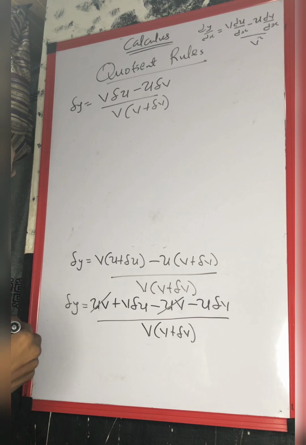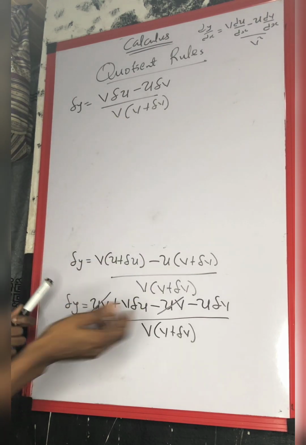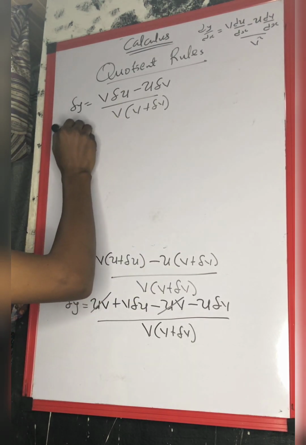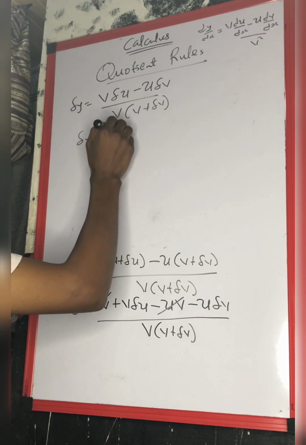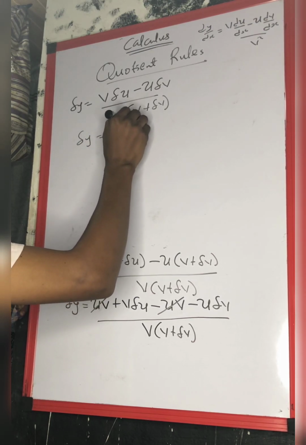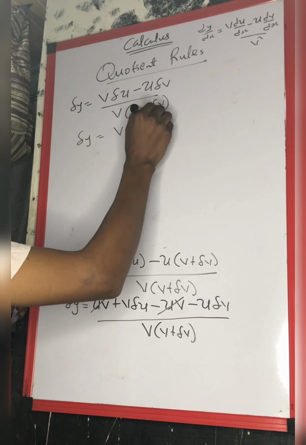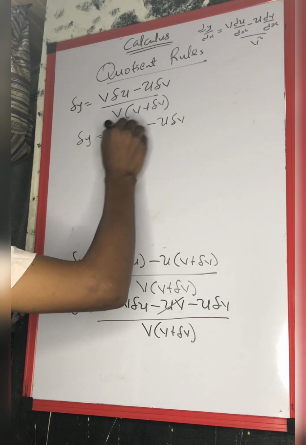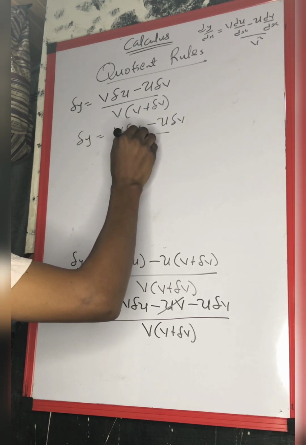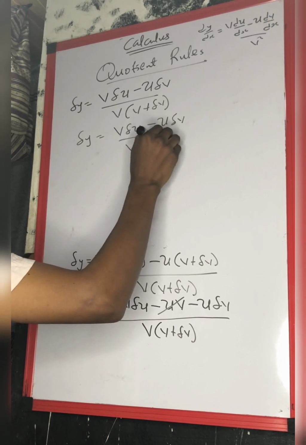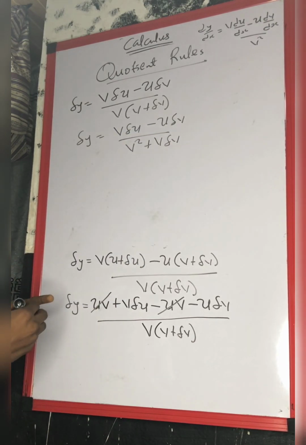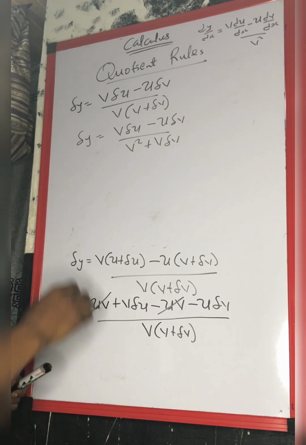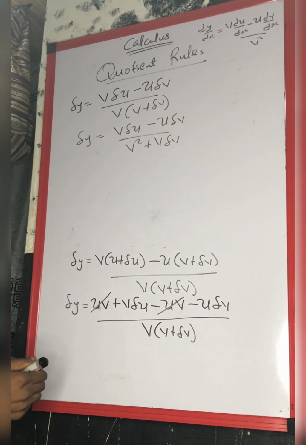What you do next, we can easily open this bracket if you want to. This is change in y equals v change in u minus u change in v, all over v squared plus v change in v. From there, this time around, we are looking for dy/dx, so you divide through by change in x.